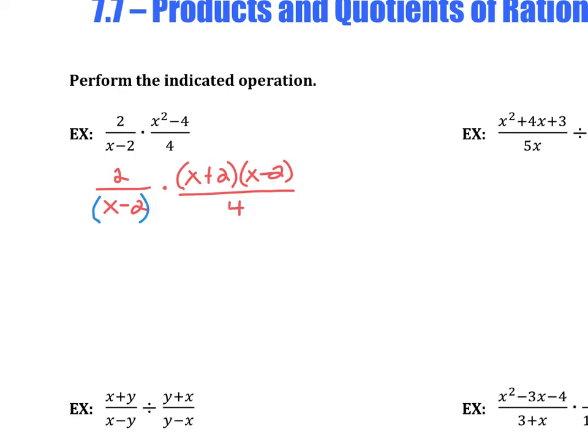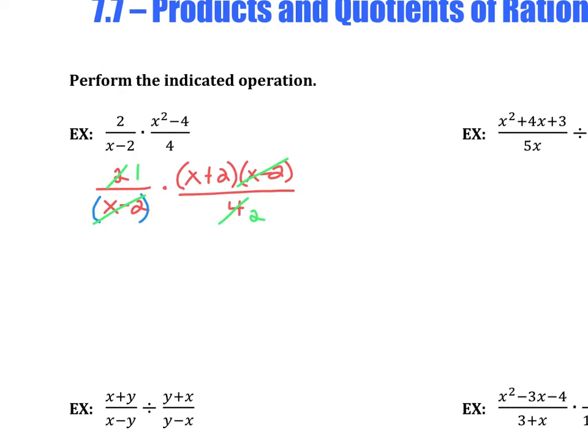If we look for common factors in the numerator and denominator so that we can cancel them out, or in other words, divide them, we have an x minus 2 in the numerator and an x minus 2 in the denominator. So we can cancel those out. In other words, x minus 2 divided by x minus 2 is 1. In addition to that, if you look at the 2 in the numerator and the 4 in the denominator, we know that those are both divisible by 2, so we can do a little simplifying there as well.